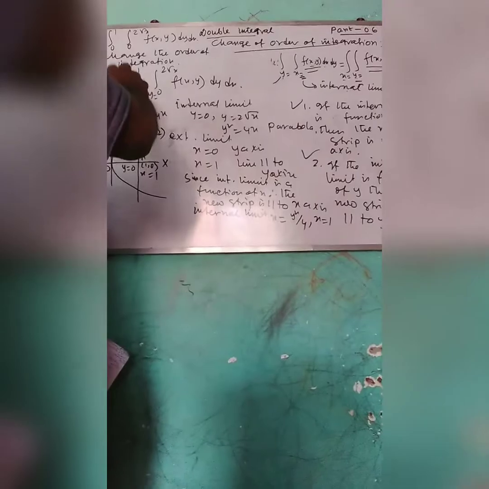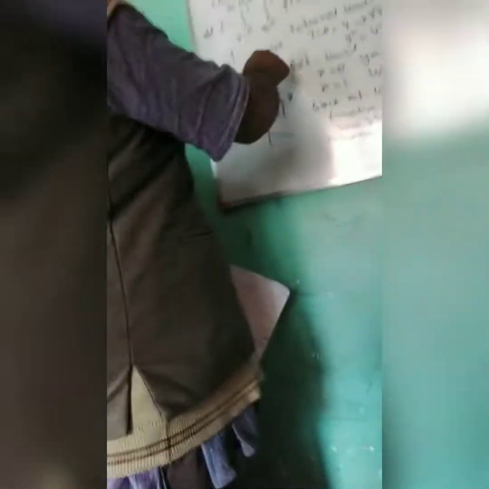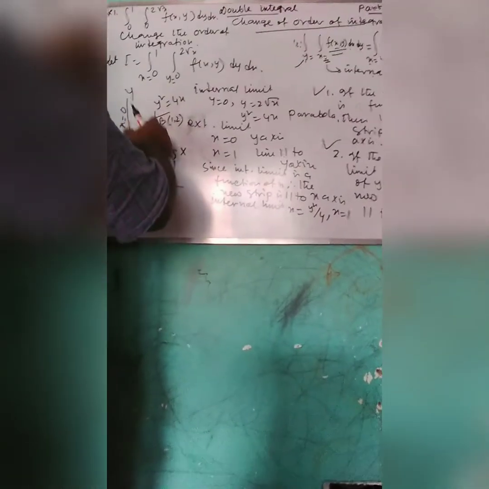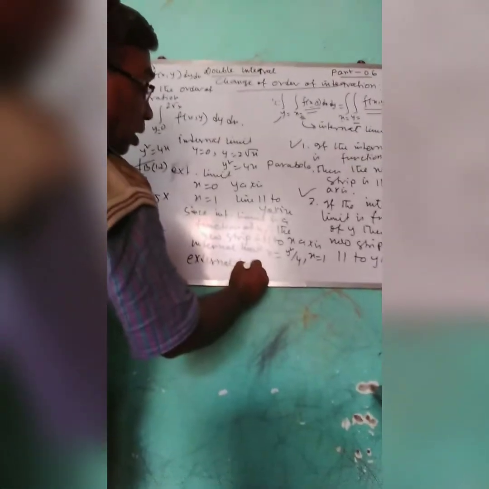Now if we move the strip up and down this way, it will go from 0 to 2. You see, this length is 2. So 0 to 2 is the external limit.